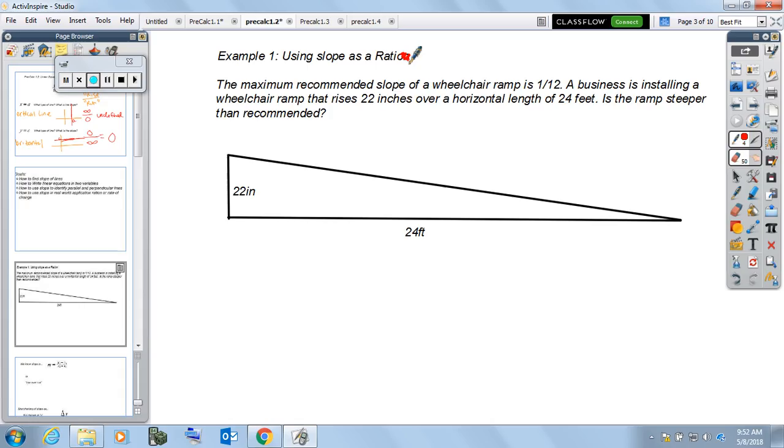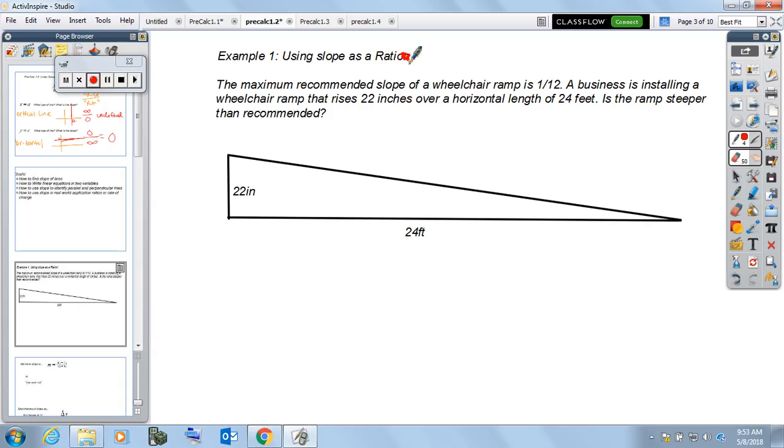The question is, is the ramp steeper than recommended in this particular case? As you can see, we have a little diagram that represents exactly what we're showing in this example.